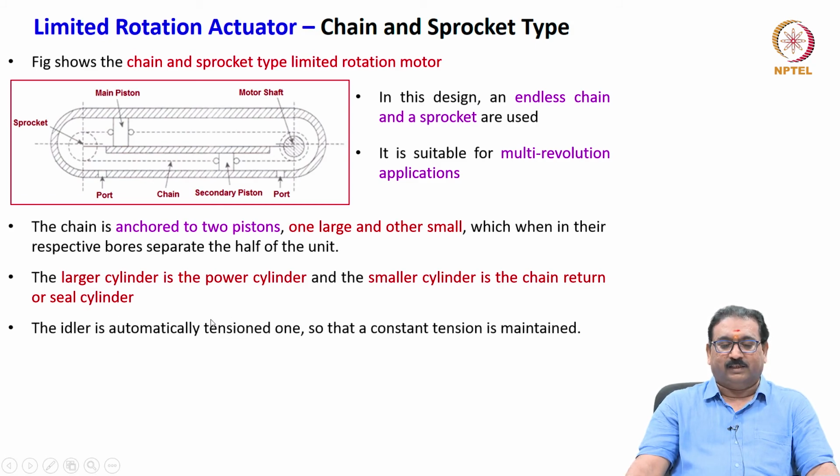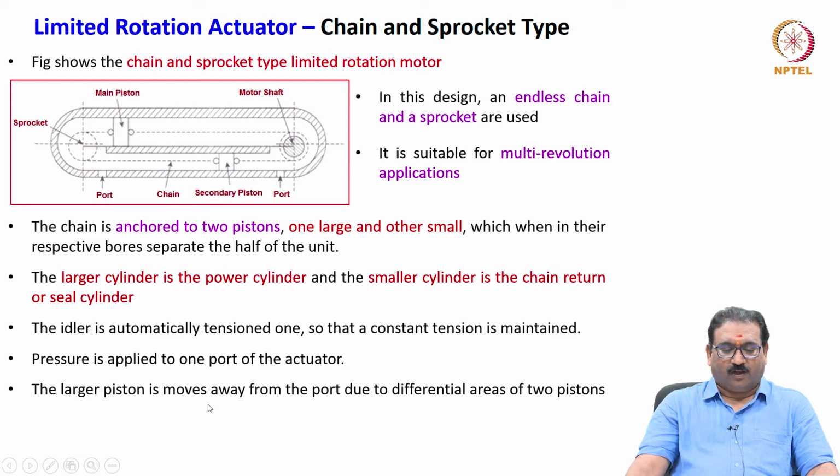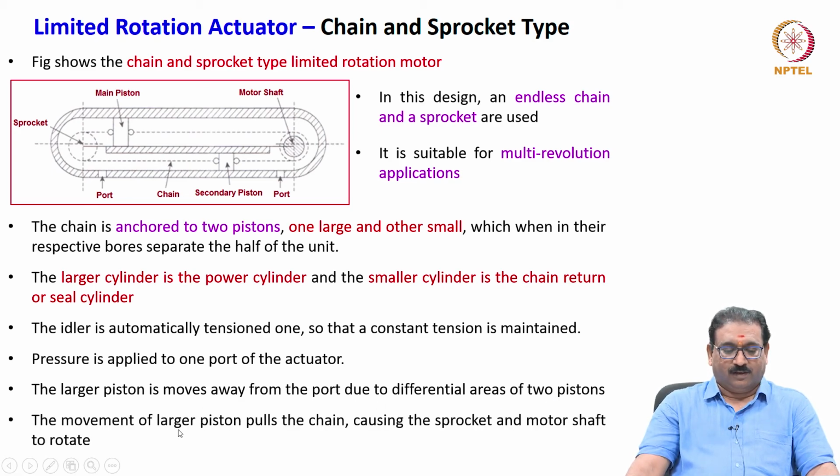The idler is automatically tensioned so that a constant tension is maintained. Pressure is applied to one port of the actuator. The larger piston moves away from the port due to differential pressure areas of the two pistons. The movement of the larger piston pulls the chain, causing the sprocket and motor shaft to rotate.